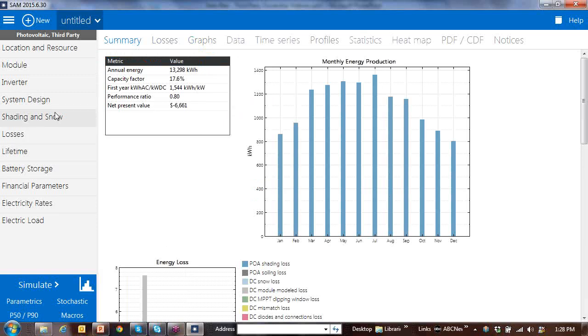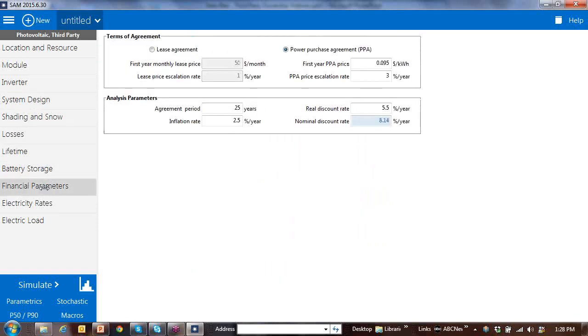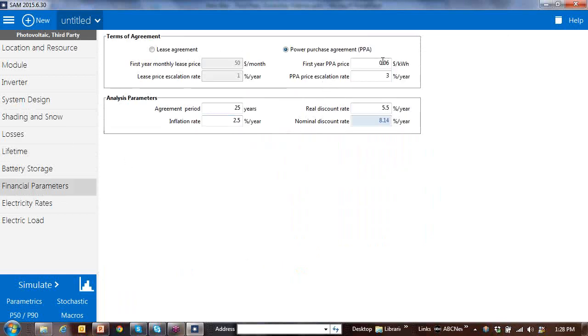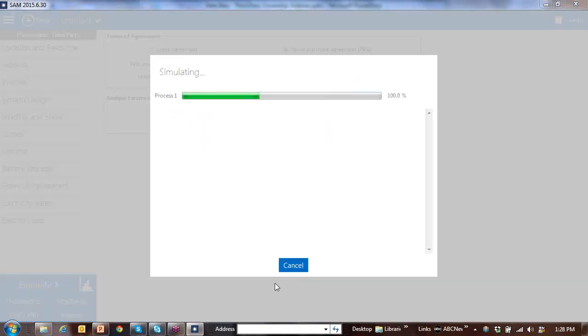And so we can set up a situation where we can look at that change. So if we go back to financial parameters and we say instead of 9.5 cents, we're going to only be paying 6 cents for the power, and we can run that. Now we're getting much closer to a break-even system. If we then say, okay, we'll do 9.5 cents again, but have no escalation rate on that PPA price.